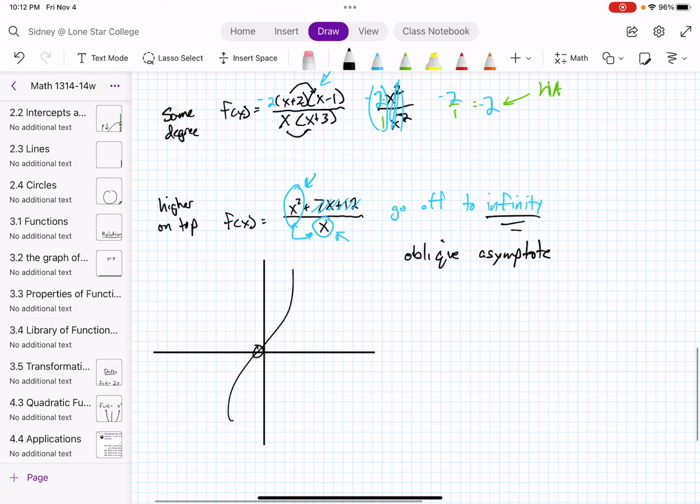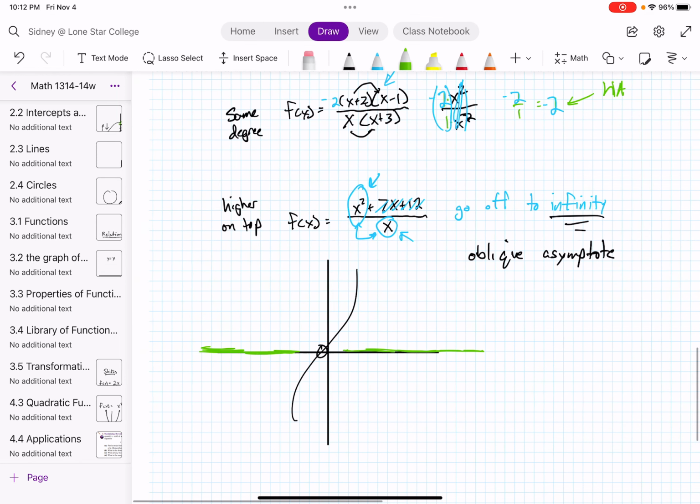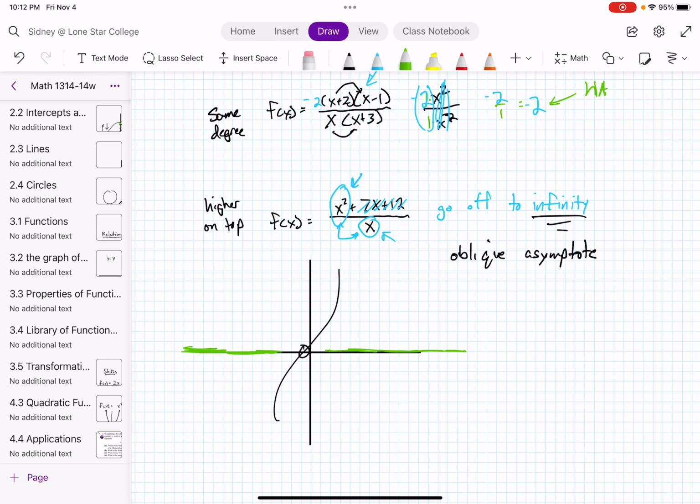It may have an x-intercept. A horizontal asymptote is specifically talking about end behavior, as in way out here to the sides for large values and way out here for very small values. So it's possible to have a value at that asymptote right in the middle, because horizontal asymptotes only apply to the extremes. So don't be surprised if you say the horizontal asymptote is 0 and the function actually has an x-intercept in the middle of the graph.